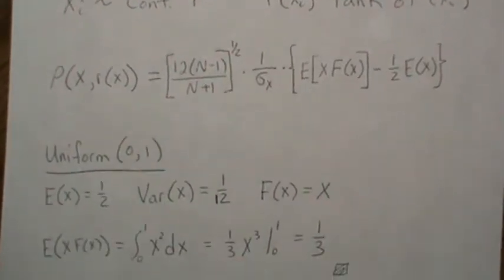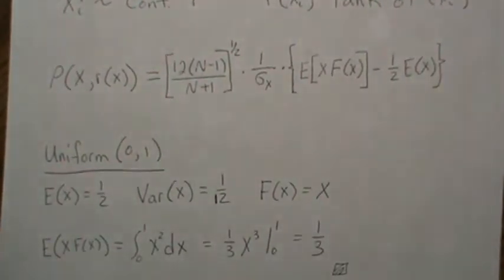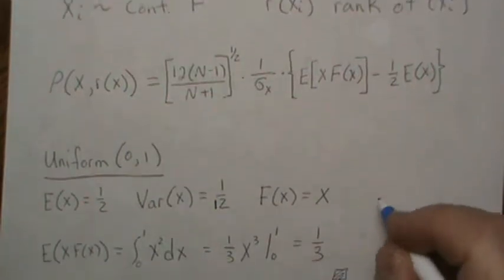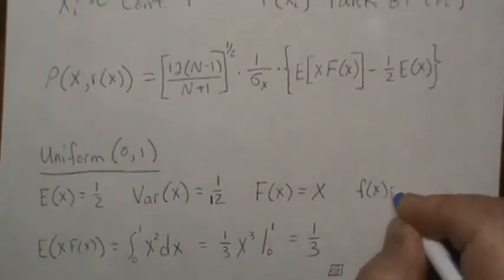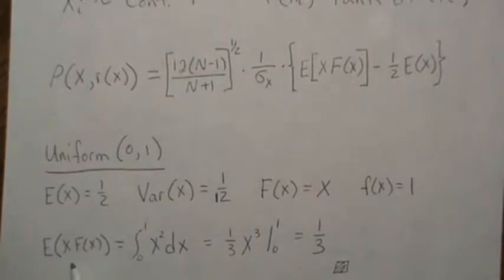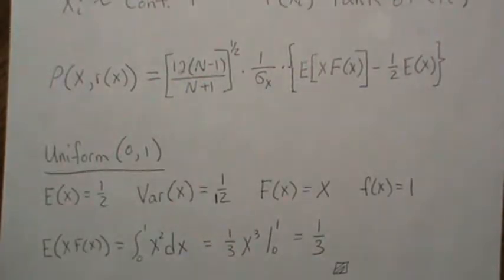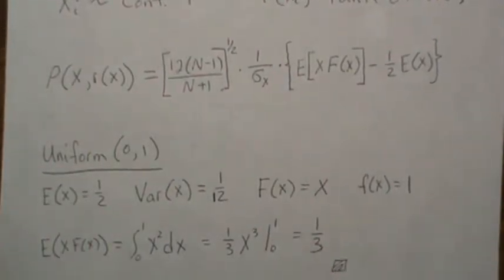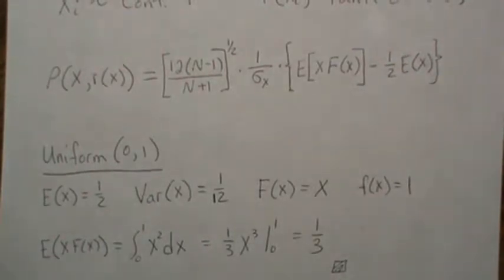So then to find the expected value of this, f of x is 1. So here we have x times x, which is x squared, and we're going from 0 to 1. You integrate it, plug it in, we get 1/3, and that's what was on the table earlier.